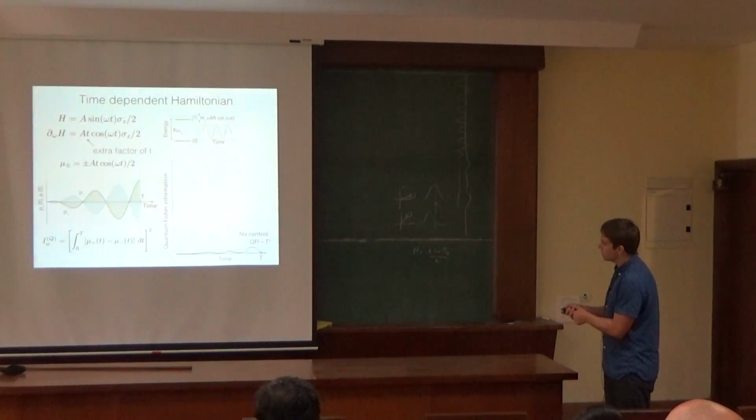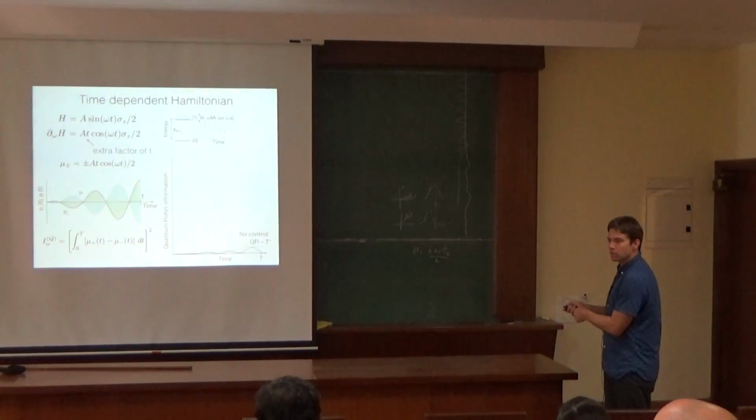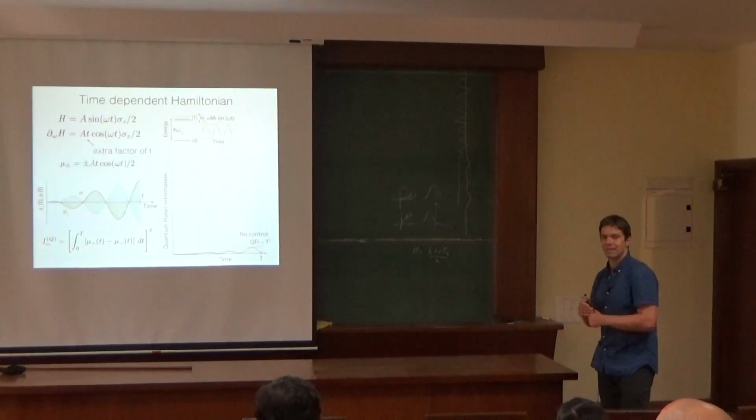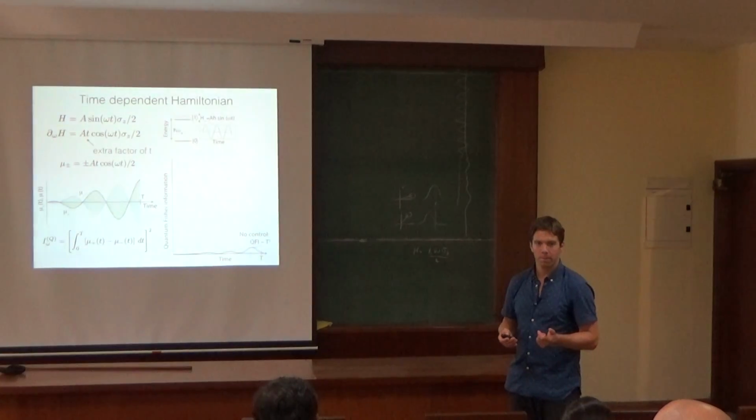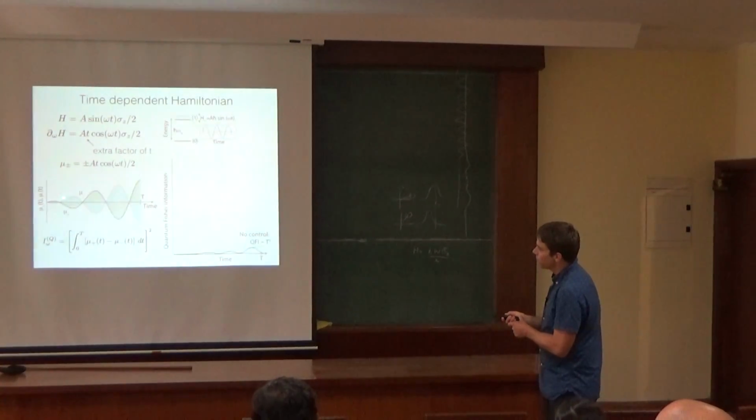So here's the quantum Fisher information as a function of time. It grows, but then it goes down to 0 when this integral reaches 0, and then it grows again, and so forth. So you still get the quantum Fisher information scaling as t squared, which is what we had before. But what if we could somehow flip the sign of these eigenvalues at each point in time here?